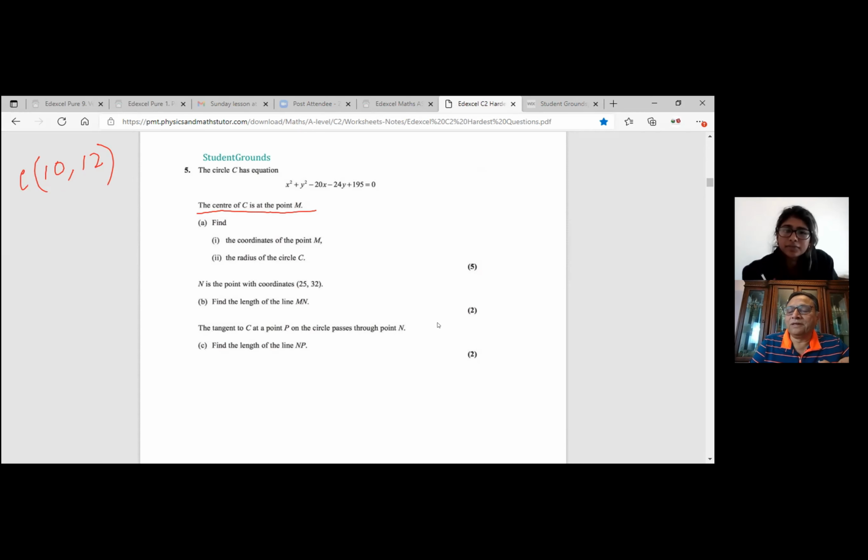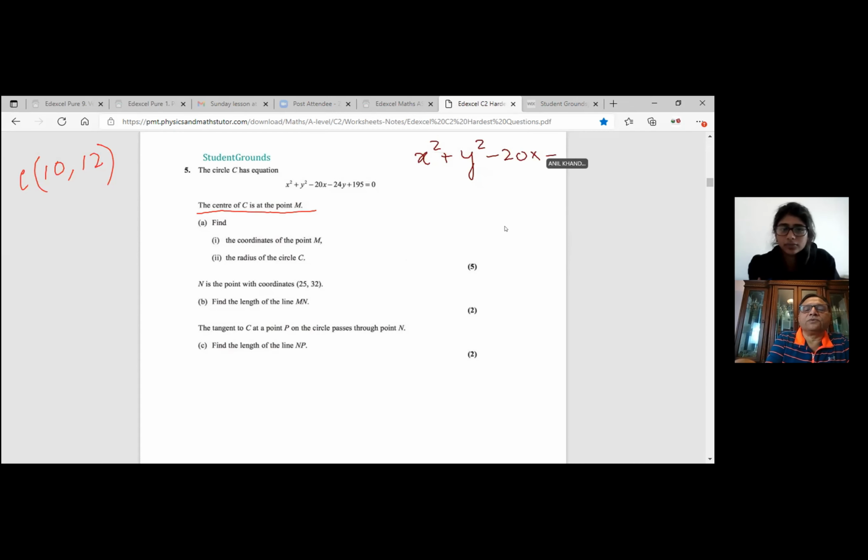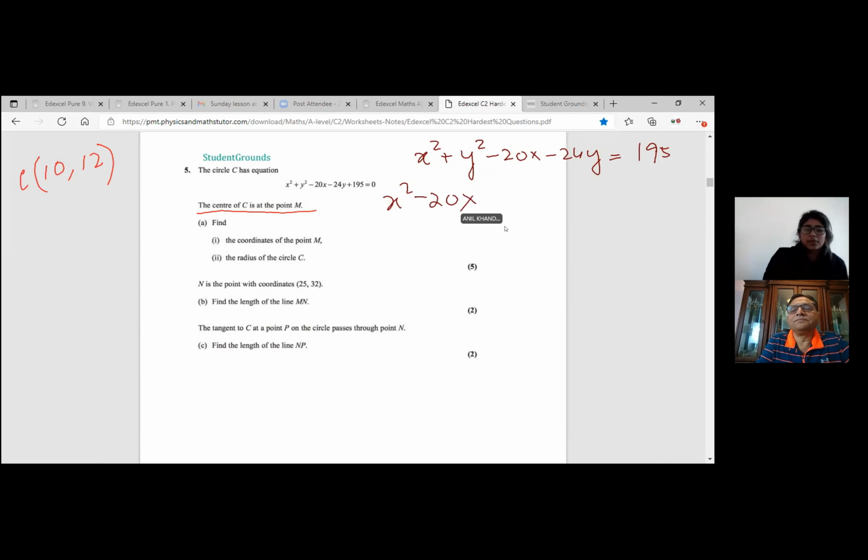Now we'll do completing the squares and see how we actually do it. Let me show you the method quickly. Amy, can you please help me while doing completing the squares? We have the equation x squared plus y squared minus 20x minus 24y. We'll take 195 to the right-hand side, and here we'll rearrange our terms. We'll say x squared minus 20x. I think it's minus 195.